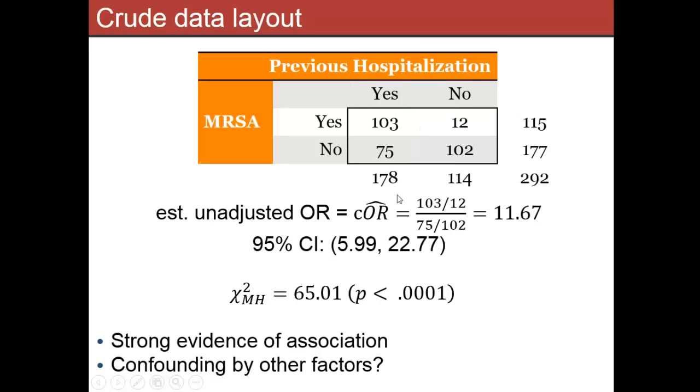So that's this 103 over 178 proportion that have MRSA, compared to just 12 over 114.